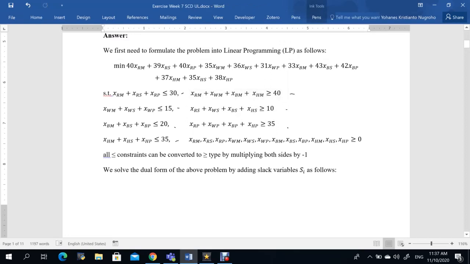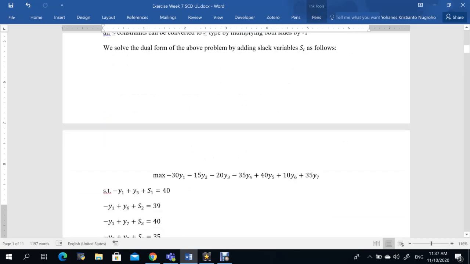In order to convert this primal into the dual, we have to use the right hand side of all constraints as the coefficients of our dual objective function as follows.